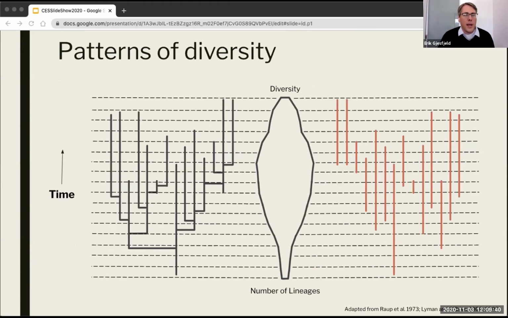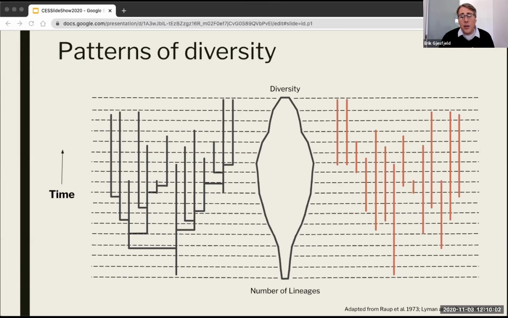One of the key methodological insights made by paleobiologists is that if our focus is on changing diversity through time, on temporal patterns of diversity, we don't need to reconstruct the tree if we're just looking at changes in the number of lineages.